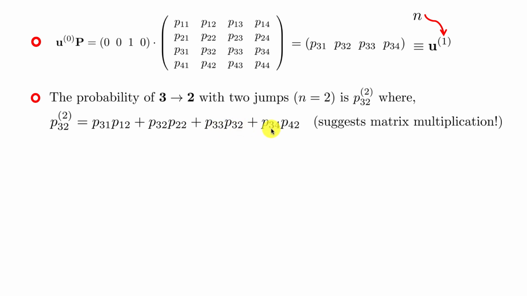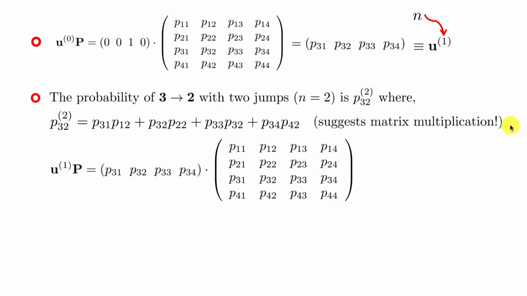Or you could have 3 to 4 and 4 to 2. In every case, you notice that you have 4 here, 4 here, 3 here, 3 here, 2 here, 2 here, 1 here, 1 here. And this is suggesting matrix multiplication, and indeed it is exactly that.